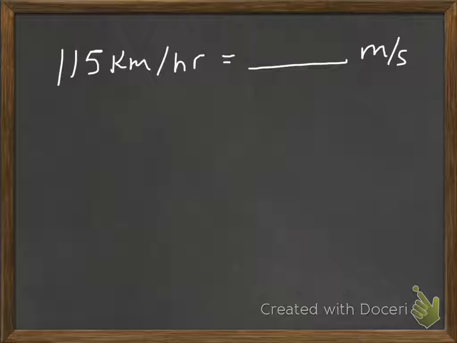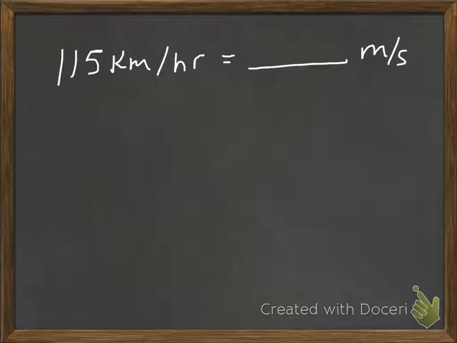And in SI, velocity is typically given as either kilometers per hour or meters per second. So we have to do the conversion so that our units match if we're doing a problem where we're going to need meters later on. When we get into force problems, everything's got to be in meters. We can't use kilometers, so anytime we're given a velocity in kilometers per hour, we've got to get it to meters per second.